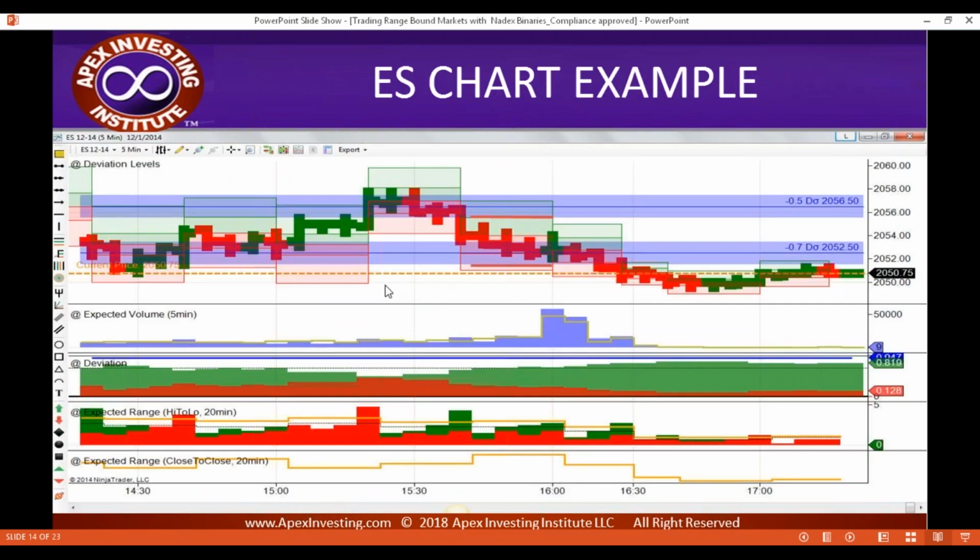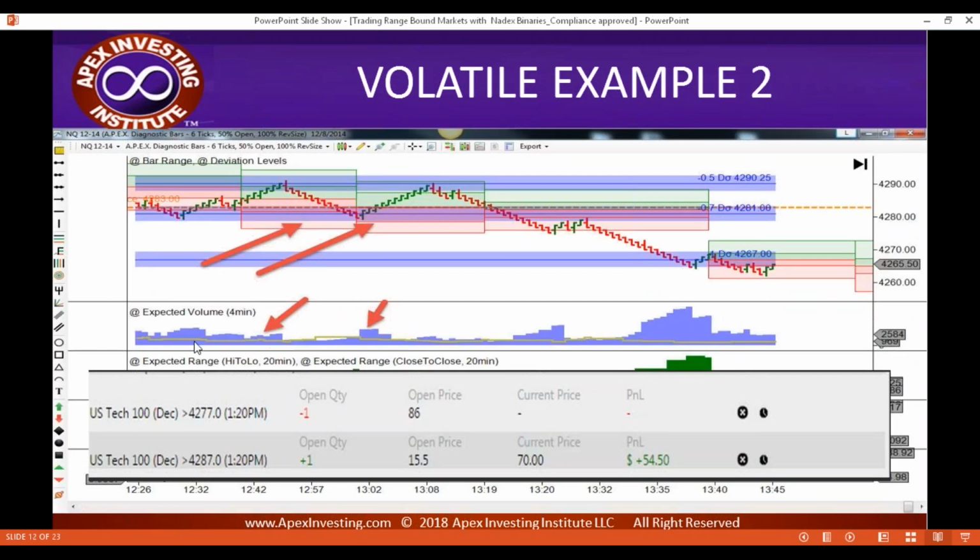Look at this. What do you see different right here on the expected volume? Do you see the blue current volume blowing past the expectation? Do you see high, crazy volume? Or do you see a lot of lower than expected volume? Or right at expectations? Do y'all see the difference in those two charts?